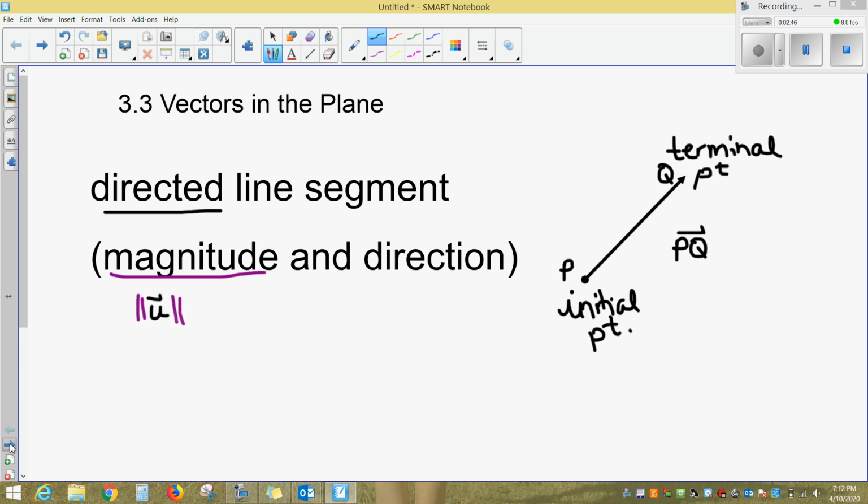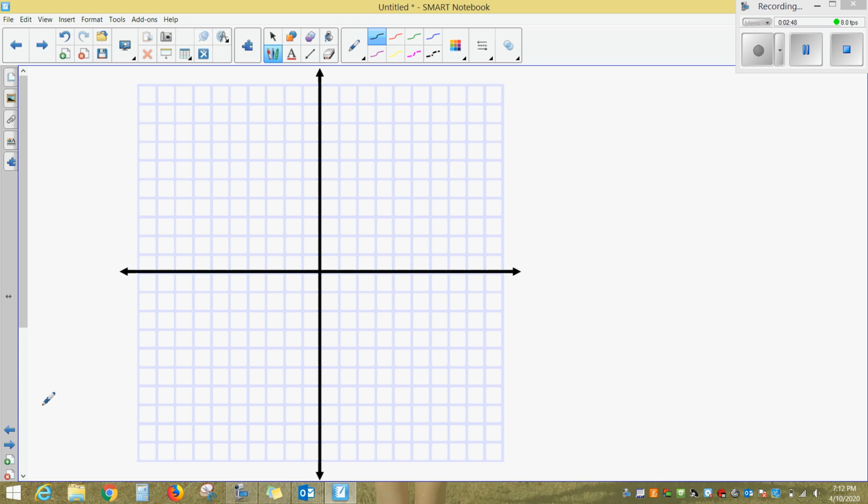Let's draw a vector that starts at the point 1, 4 and ends at the point -2, 0.